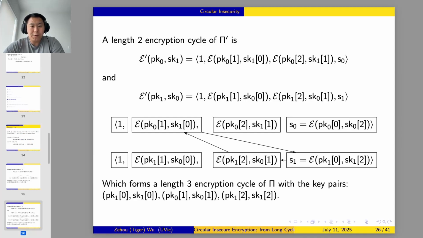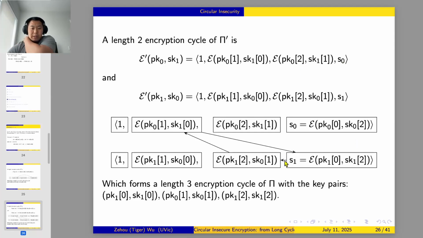Now for a length 2 encryption cycle of pi prime, we have sk1 encrypted under pk0 in E prime, and sk0 encrypted by sk1 using E prime. So this gives us the following ciphertext, and when we expand this out, this gives us the following.